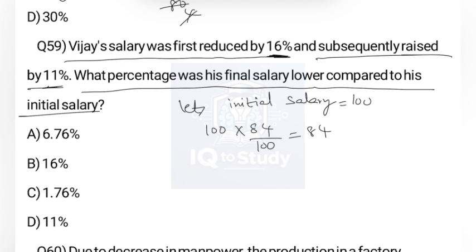Subsequently, it was raised by 11%. It means 84 into 111 by 100, which is equal to 93.24. What percentage was his final salary lower compared to his initial salary?